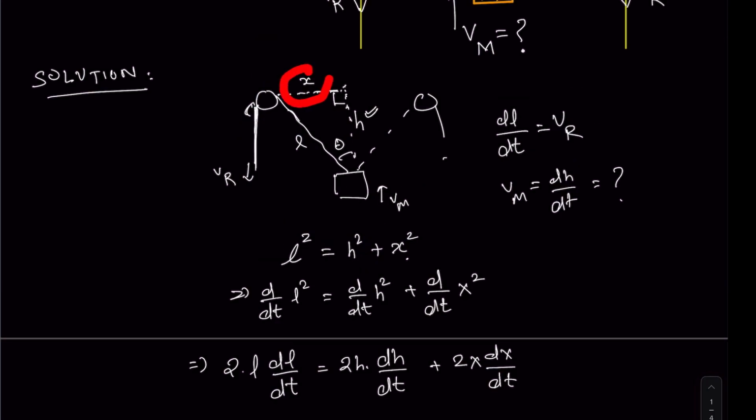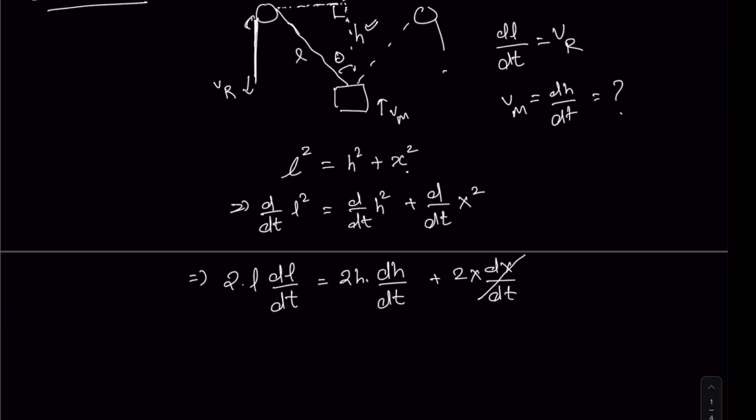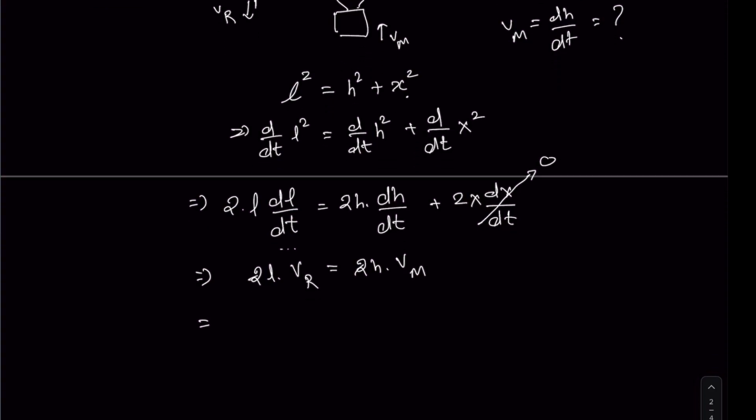Now x does not change at all, so dx by dt is 0. dL by dt is given to us as VR, and dh by dt is our Vm that we need to calculate. So 2L times VR equals 2h times Vm. This implies that Vm equals VR times L by h.